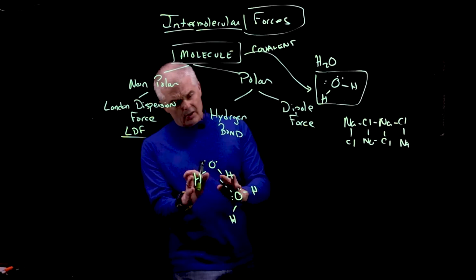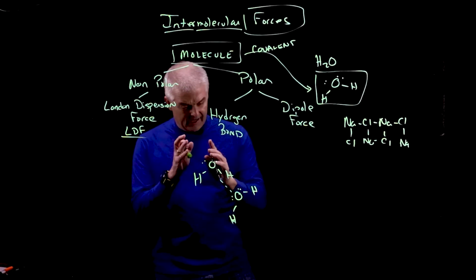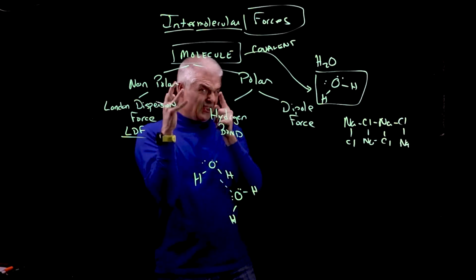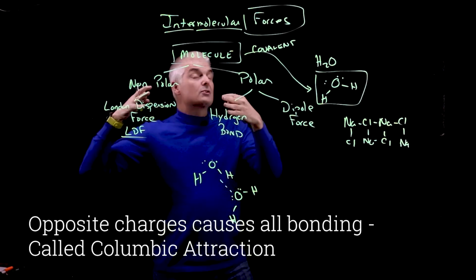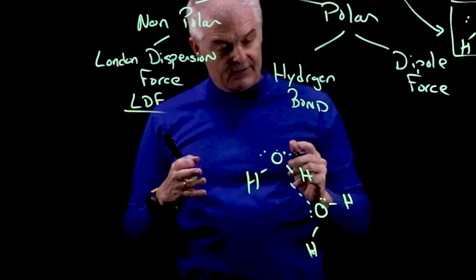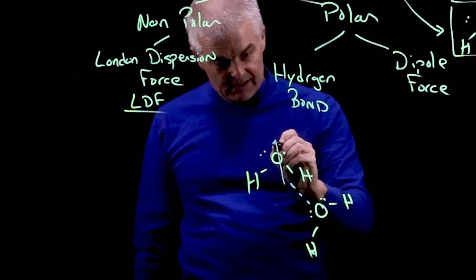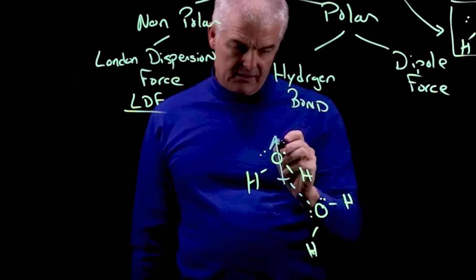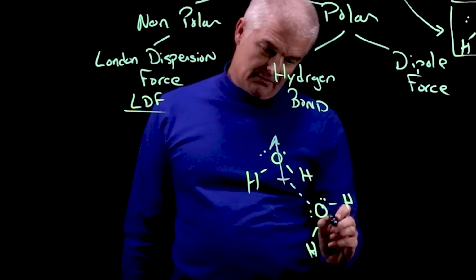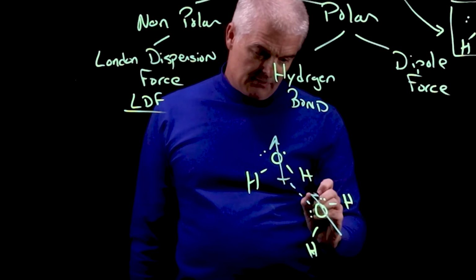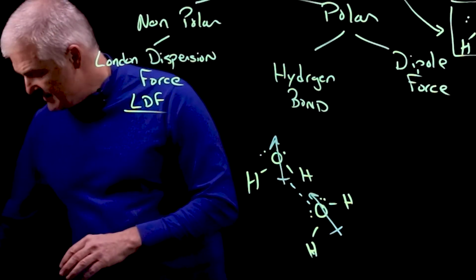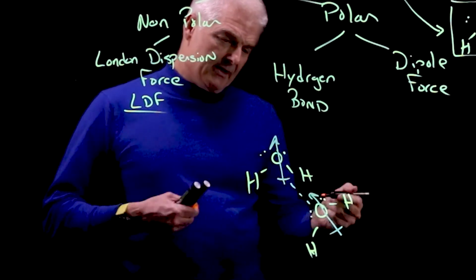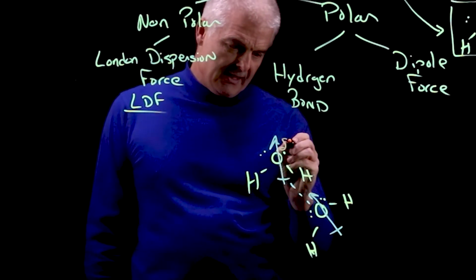Okay, so what's going on here, and this is important to diagram this. Remember, what causes everything to attract to everything else is that positive things are attracted to negative things. And if you recall, if we were to draw the arrow, this is the plus end, this is the minus end, and we do the same thing here. Or if you think about it another way, the oxygen has a negative charge.